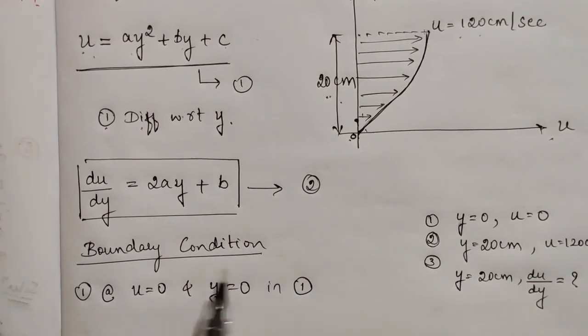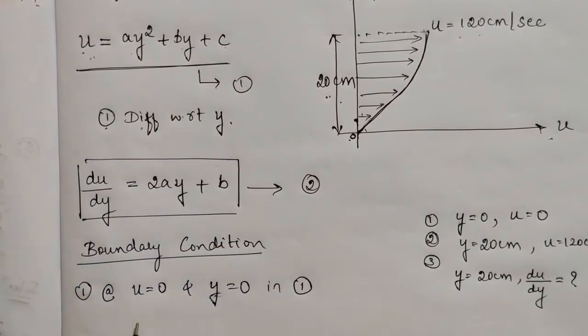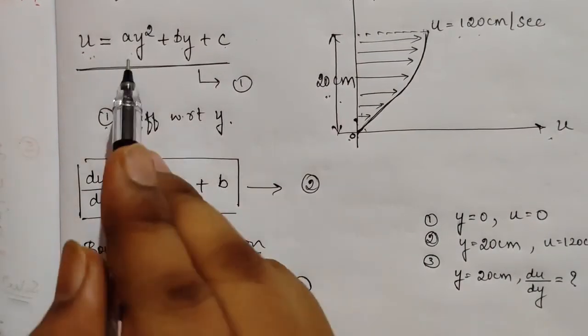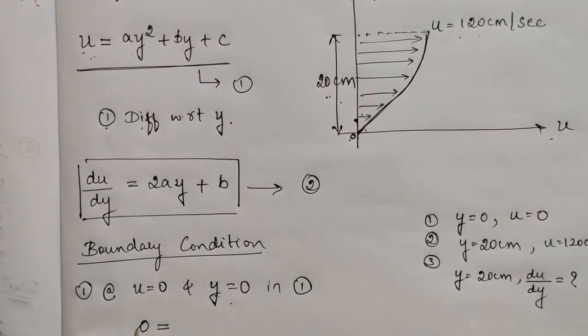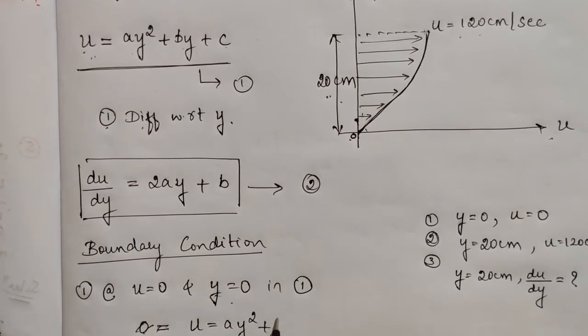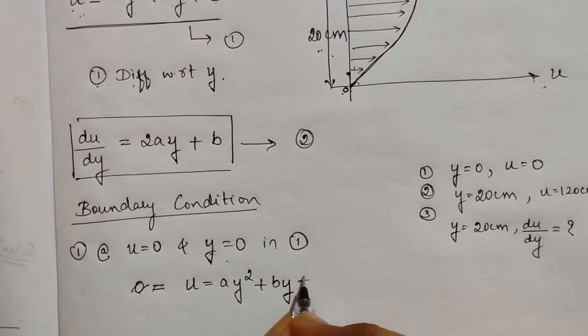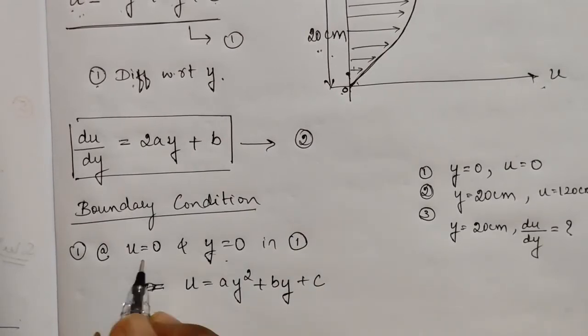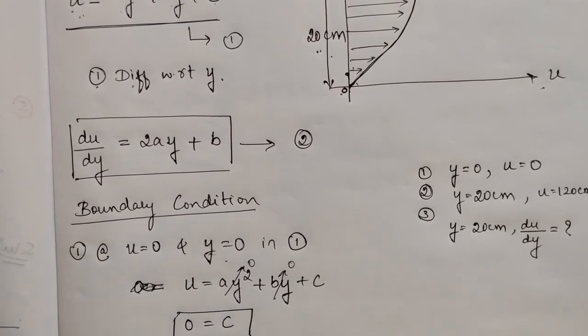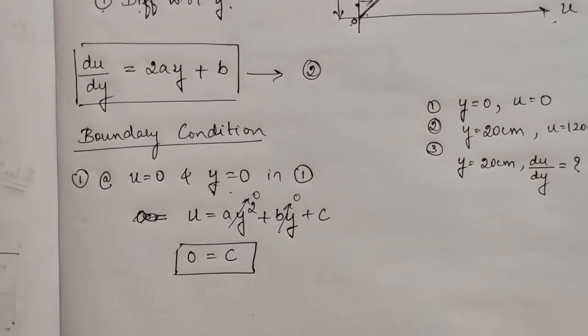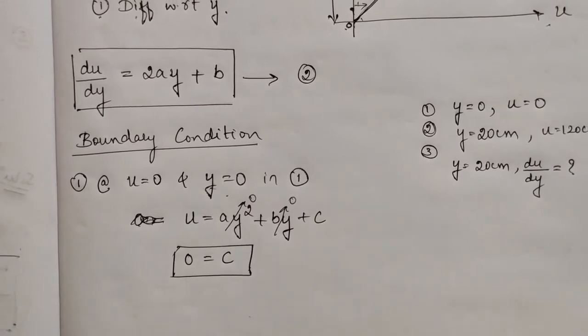What will happen to that equation? 0 = a times 0, so this is also 0, and by is also 0. So c is a constant, and with the first boundary condition I am getting the value of c as 0.